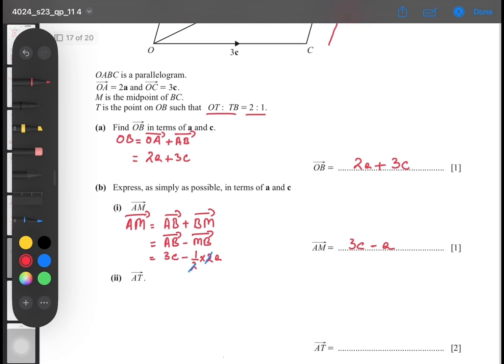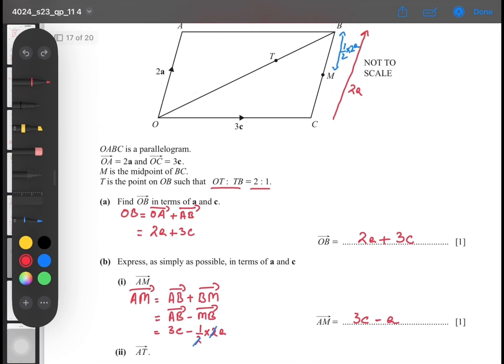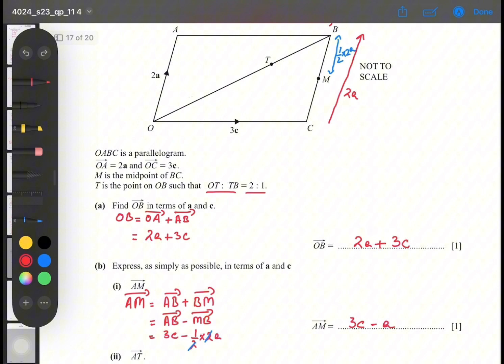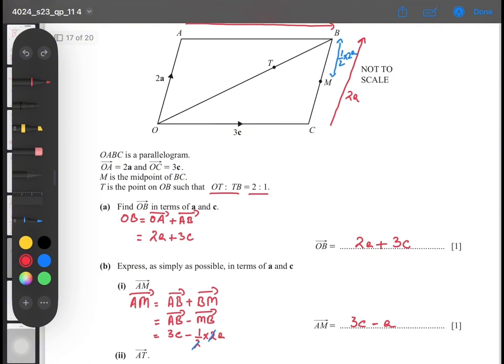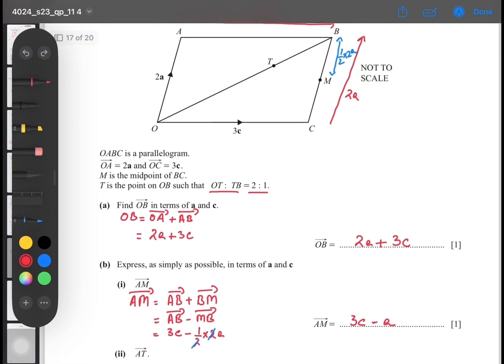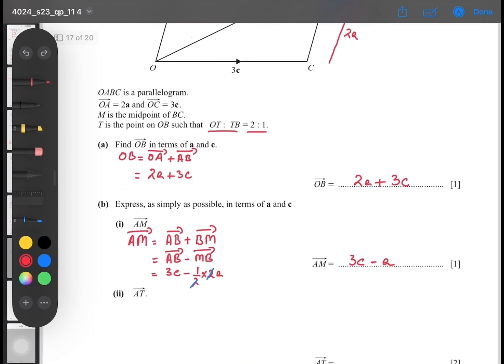For AT, I can write AT in terms of AB plus BT.